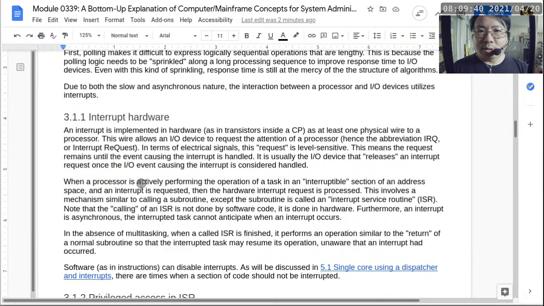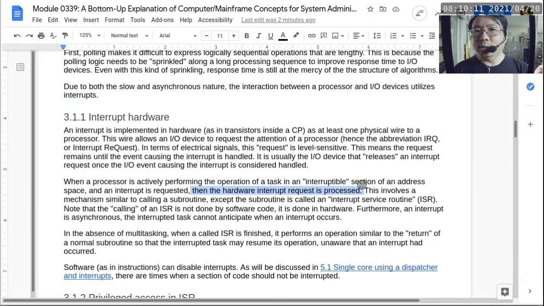When the processor is actively performing the operation of a task in an interruptible section of an address space and an interrupt is requested, then the hardware interrupt request is going to be processed. What this sentence is saying is you can mark certain sections of an address space as uninterruptible, because software has some control over whether an interrupt can happen or not.